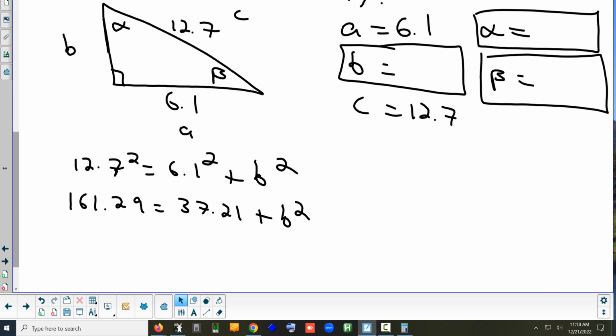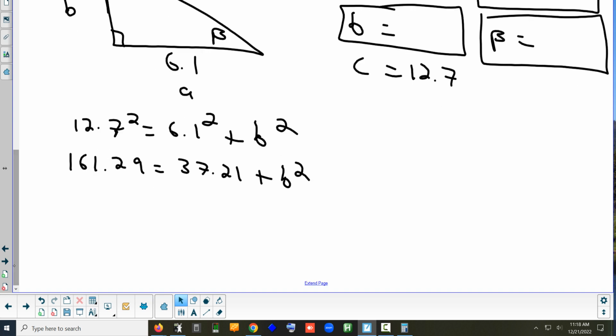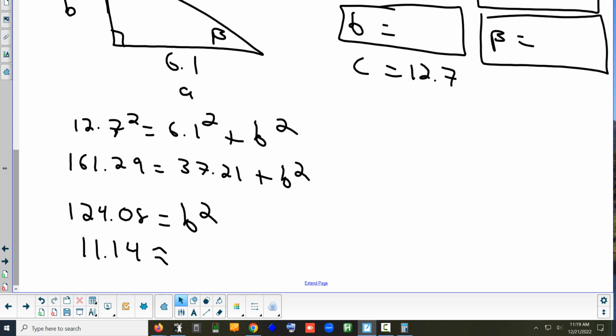I need 161.29, and I need to subtract the 37.21 from that. 124.08. And the last thing I need is the square root, so 11 point something. 11.14. Okay, so that's roughly what B is. It's about 11.14.